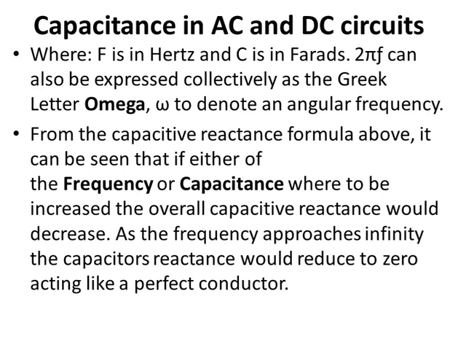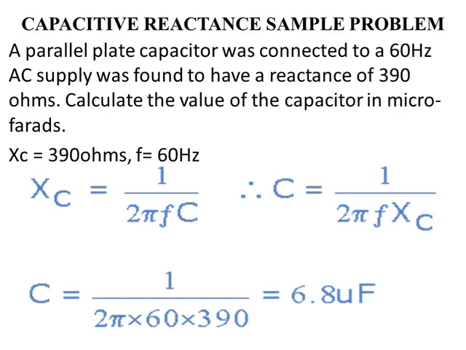So if the one on the right side is increasing, the other will be reducing. As the frequency approaches infinity, the capacitive reactance would reduce to zero, acting like a perfect conductor.